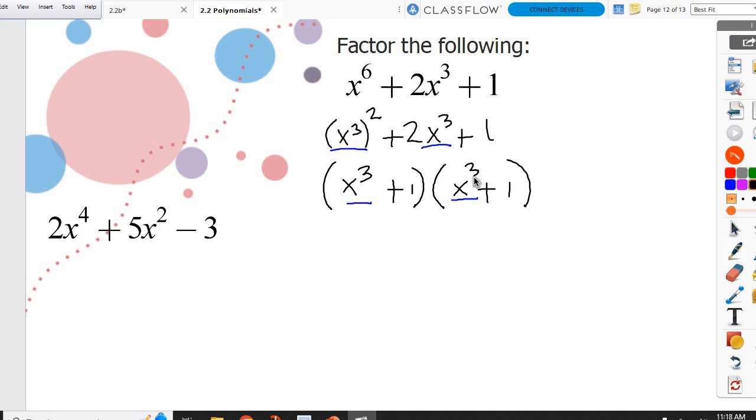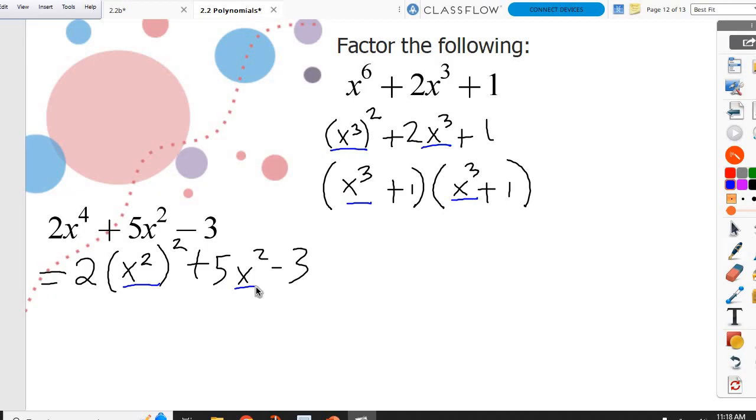So on our next one, we have an x to the 4th. What can we rewrite x to the 4th as? x squared, squared. So do we have the same thing in our first term and our middle term, and then just a constant?